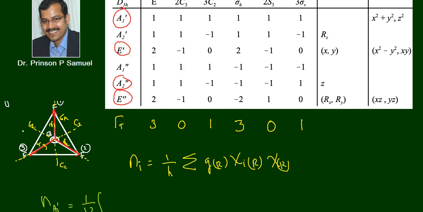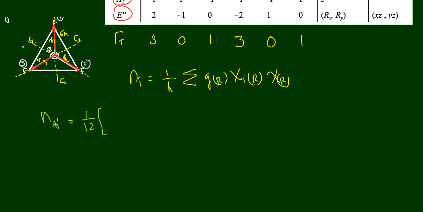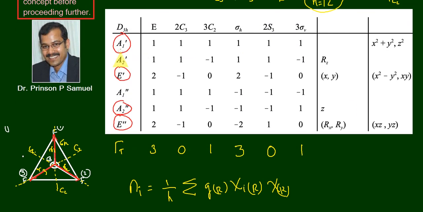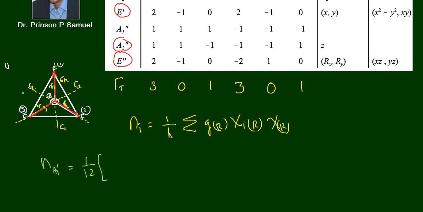All the characters are 1 in A1 prime. So we have to write g r into chi r into chi r. In the case of E, g is equal to 1. So let me copy this down so that I can do it fast. So this is the representation. Let me copy this and put it down here.